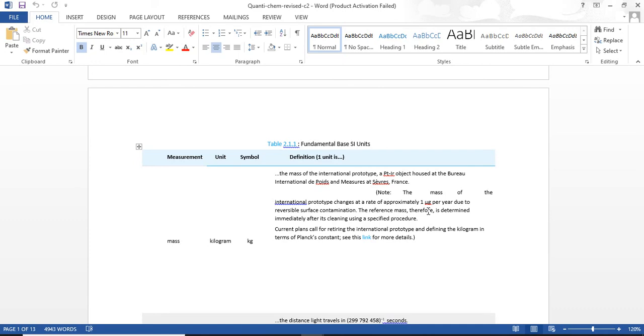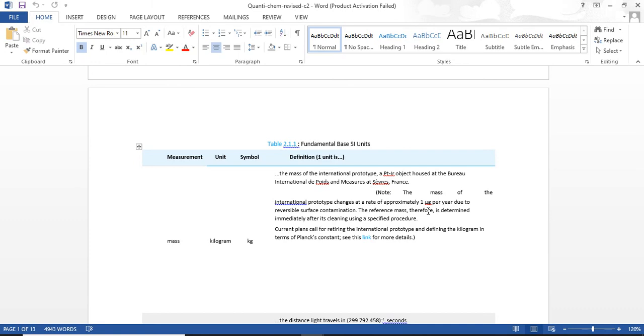Usually, kung sa diin sila nga country ginagamit, you have here sa France. Then you have international prototype changes the ratio approximately 1 microgram per year due to reversible surface contamination. The reference mass, therefore, is determined immediately after cleaning using specified procedure. Current plan calls for retiring the original prototype by defining kilogram in terms of Planck constant.